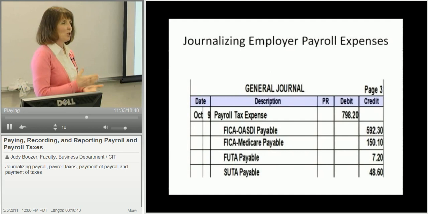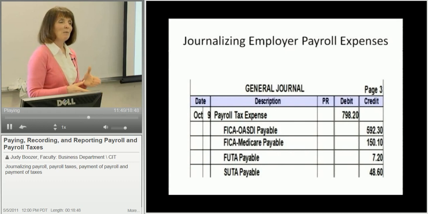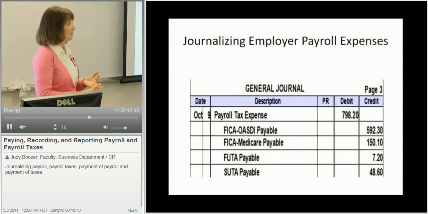This is the expense used to record employer parts of the payroll process. It identifies the taxes paid by the employer. And they include the same two that all employees have, the FICA OASDI and the FICA Medicare. So those are both taken from the employer as well as the employee.